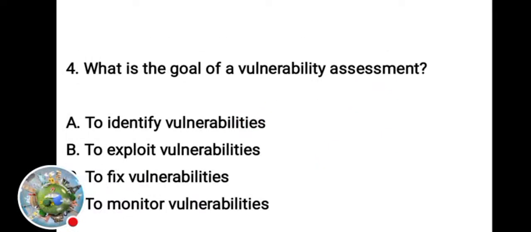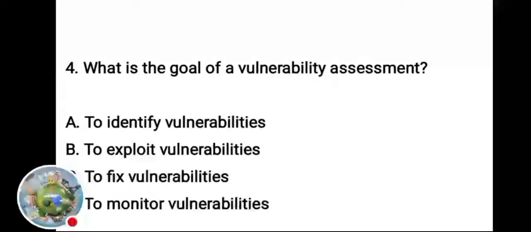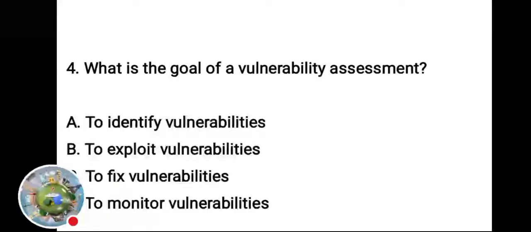Question number 4. What is the goal of vulnerability assessment? Option A, to identify vulnerabilities. B, to exploit vulnerabilities. Option C, to fix vulnerabilities. Option D, to monitor vulnerabilities.